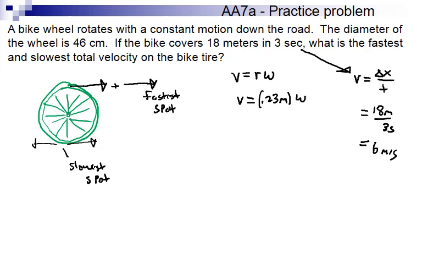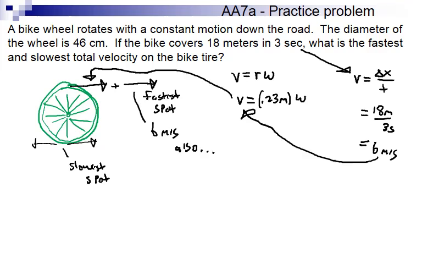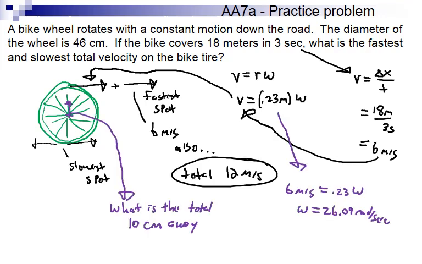So the bike is going translationally, it's going 6 meters per second. And so we're placing that in there. We know that velocity there is 6 meters per second, and the angular velocity therefore is 26.09 radians per second.